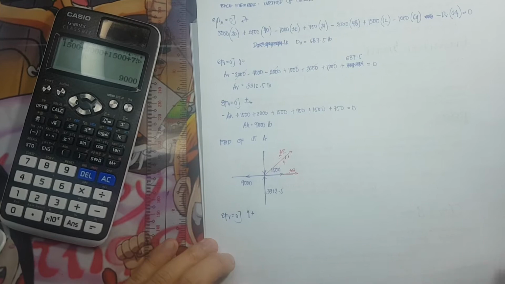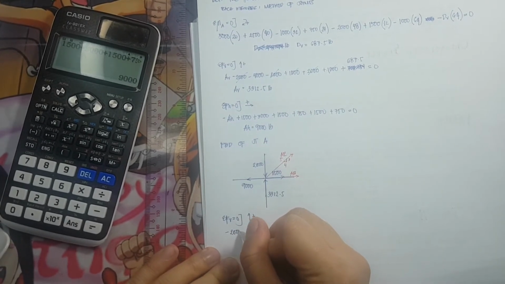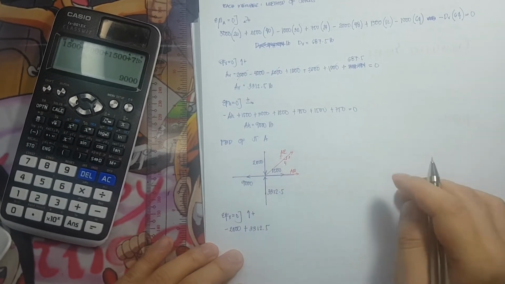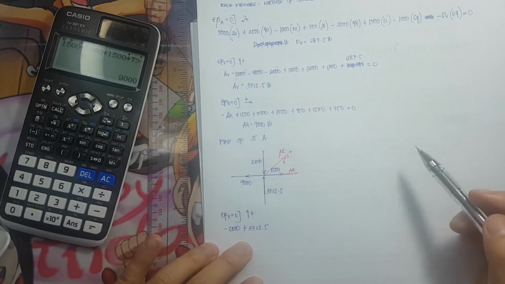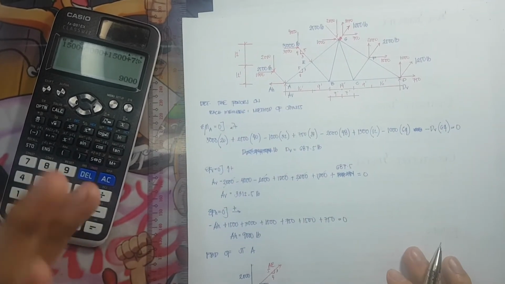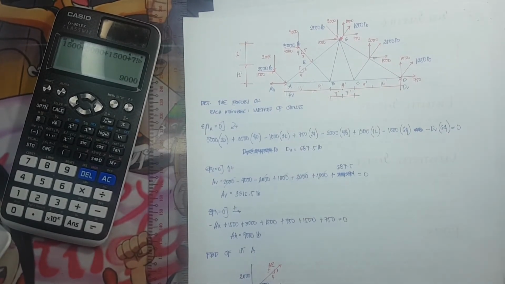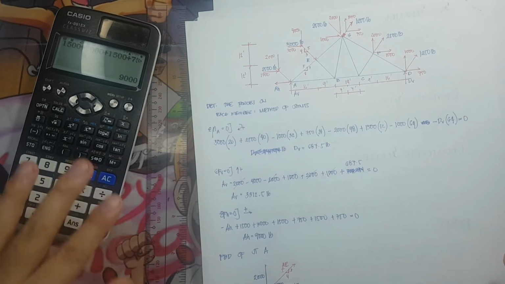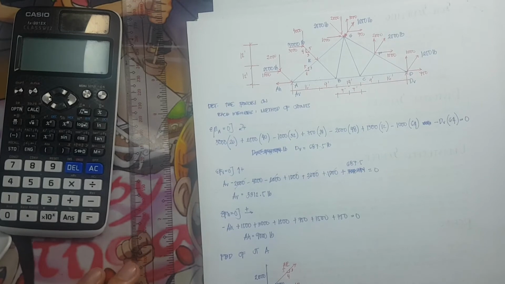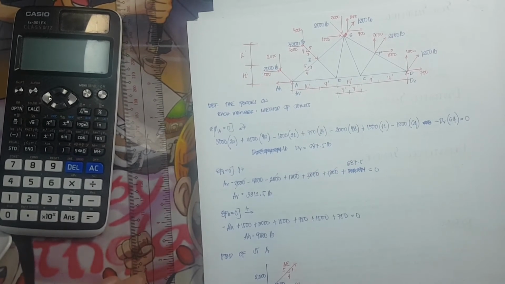So we have negative 2,000 plus 3,312.5 plus AE. It is better for all the members to assume tension. If the answer comes out negative, then our assumed direction is incorrect, and we need to change it.